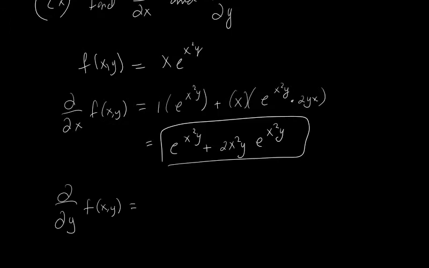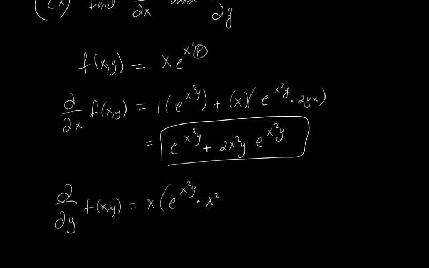So I'm only concerned about where the y's are, and y only occurs here in the exponent of e. So this is going to be x times the derivative of e to the x squared y with respect to y. So that's e to the x squared y, chain on, and the derivative of x squared y with respect to y would just be x squared, because x squared is a constant, y is linear.